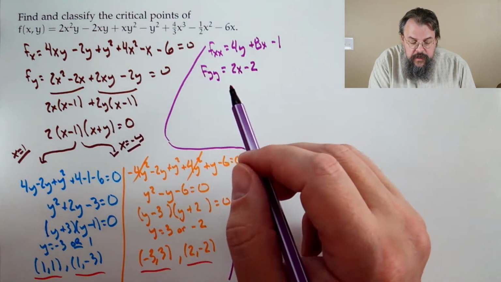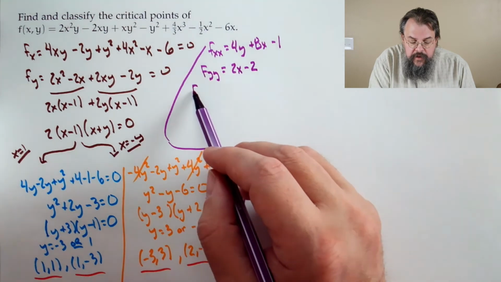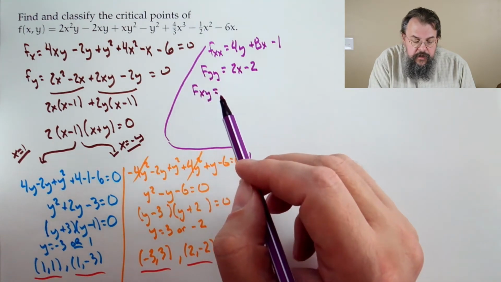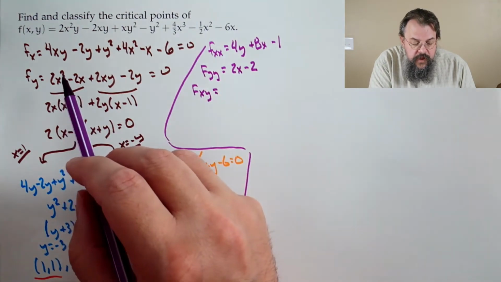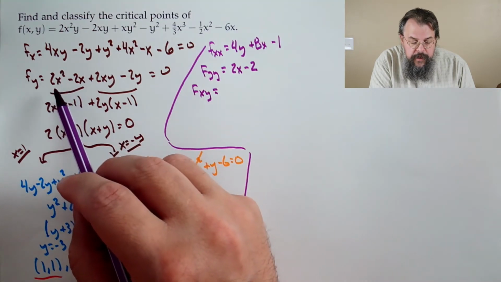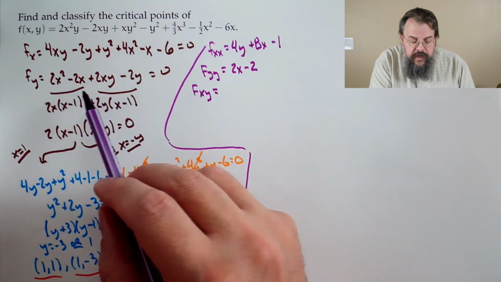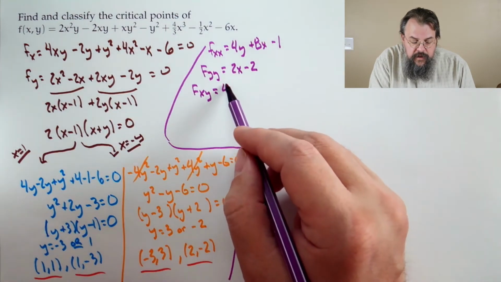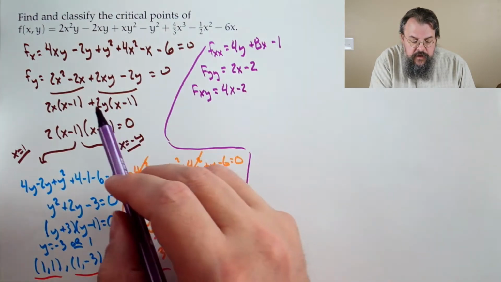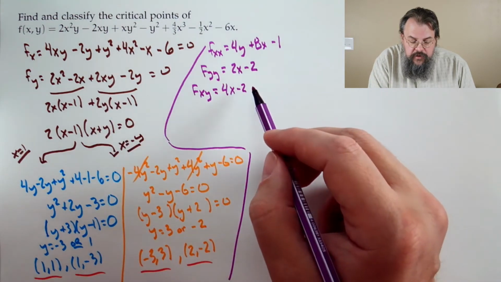Okay, all right, that's fine. And our fxy, well, let's do fyx maybe. That seems like it's a little bit shorter. Taking derivative of fy with respect to x, that's 4x minus 2 and plus 2y.